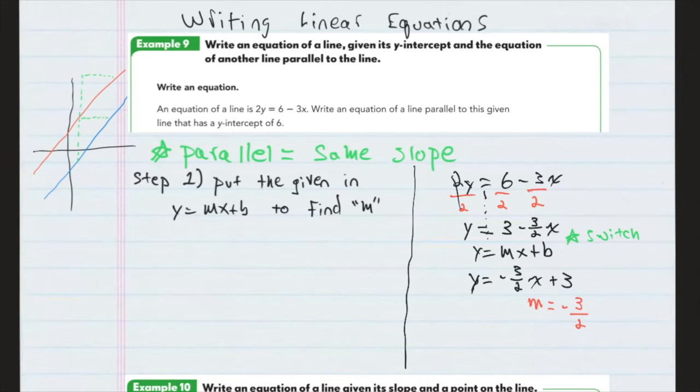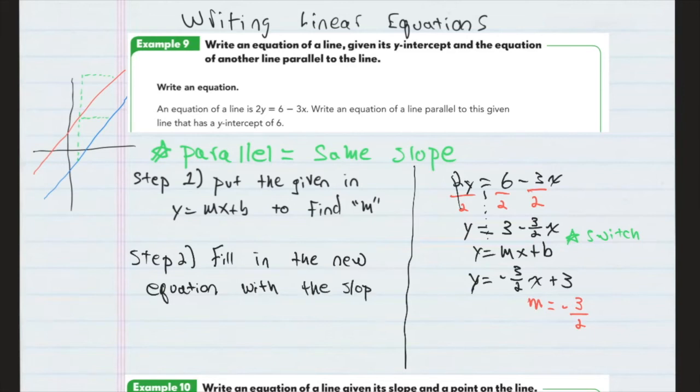Okay, so step 1 is kind of a longer process, but it makes step 2 really easy, because all you have to do for step 2 is similar to the first example. Fill in the new equation with the slope and y-intercept.